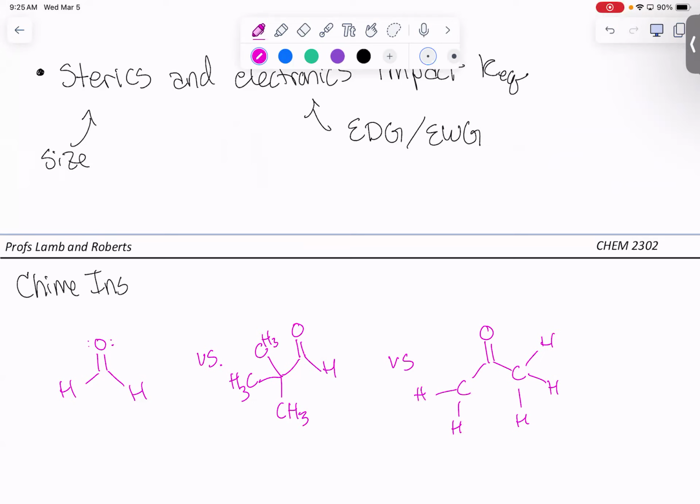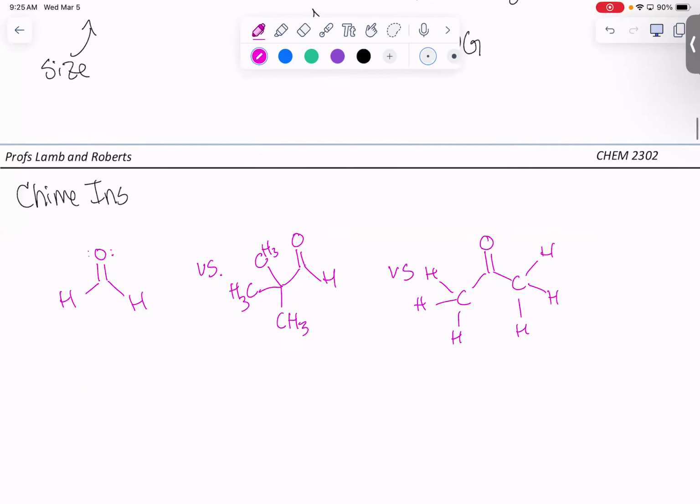So if you're having trouble evaluating the steric profile of all these different things versus each other, I encourage you to draw out the group. So a methyl group is a CH3 group. So now it's a little bit easier for us to see, I think, that the size of this is very small. So this is the least sterically hindered.